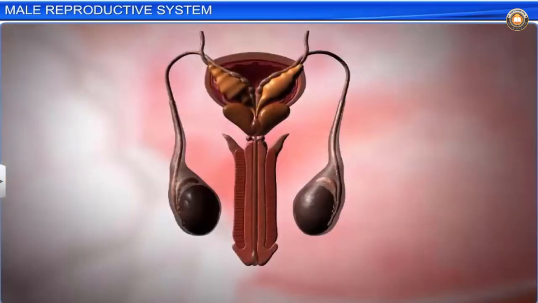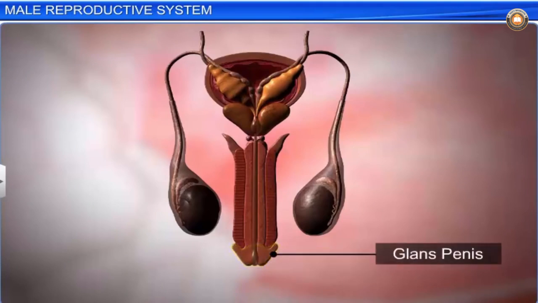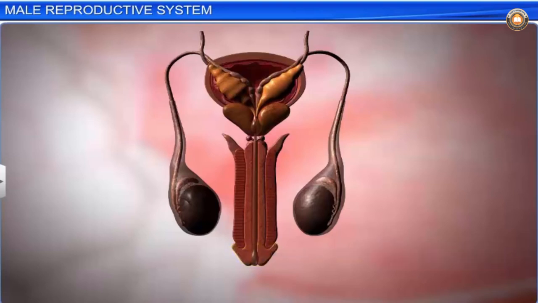The tip of the penis, covered by the prepuce, is called the glans penis. The penis, urethra, vas deferens, and Cowper's gland together help in copulation and in the deposition of sperm within the female.